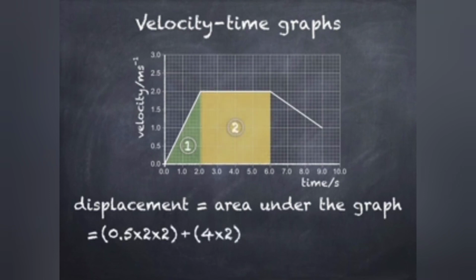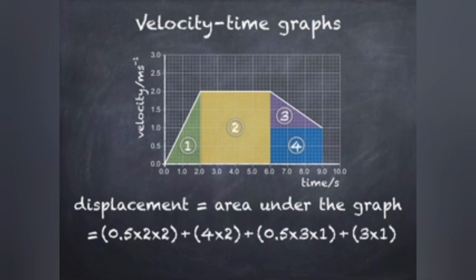It's just the last part. You now consider the triangle which is from 2 to 1, and that will be calculated with 0.5 times 3 times 1. Then you add it to the rectangle 3 times 1, which gives you a total answer of 14.5 meters.